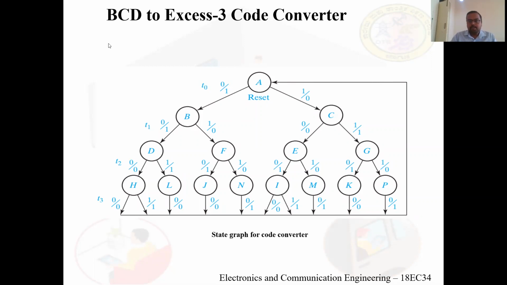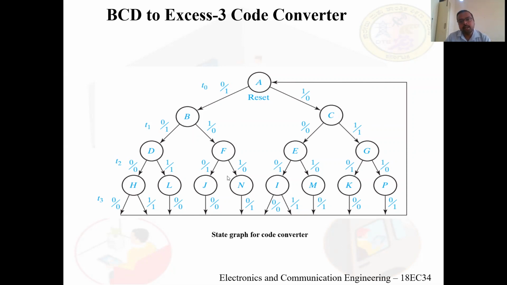To this one, you add 0, 0, 1, 1, so that you get the excess-3 number. Now for every T0, T1, T2 and T3, keep on adding B0 with 1, B0 with 1, B1 with 1, and see whether the carry is generated or not. If the carry is generated, add 1. If the carry is not generated, add it as 0. As explained, keep on doing this one and you can construct the state graph.